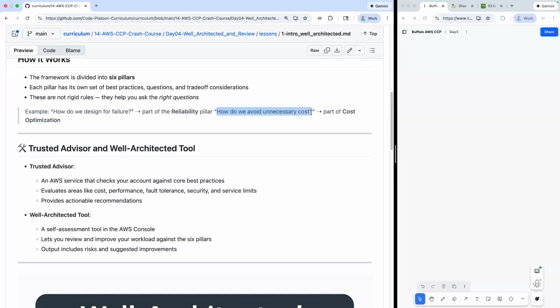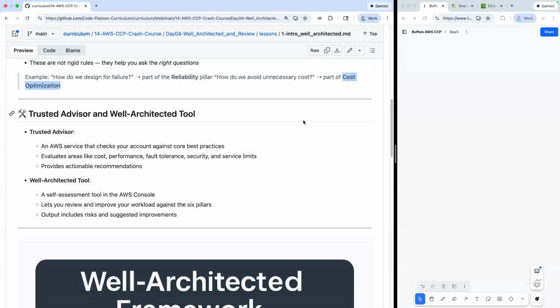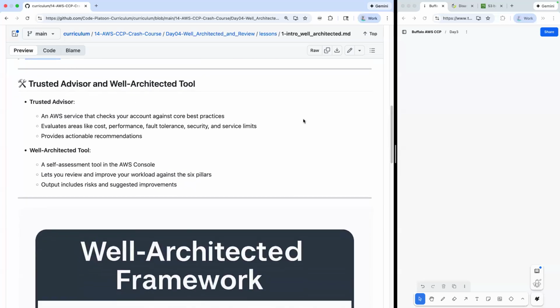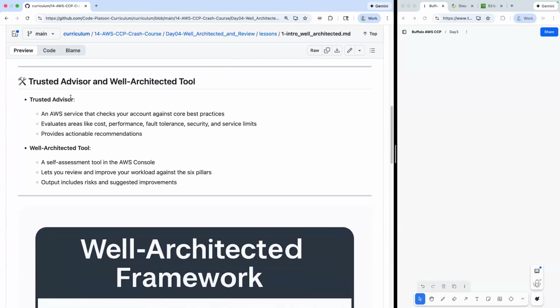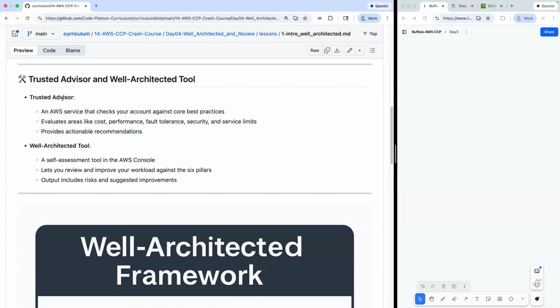How do I avoid unnecessary cost? There is a cost optimization pillar. There are some tools that AWS has. There is an AWS service called Trusted Advisor that will look over your whole account against core best practices, and it will evaluate many of these areas and provide actionable recommendations. So this one looks at your infrastructure and gives you actionable advice.